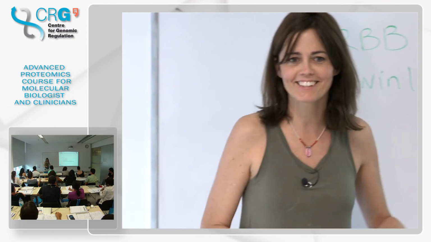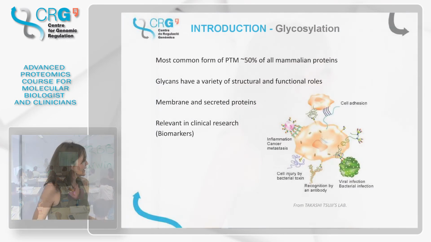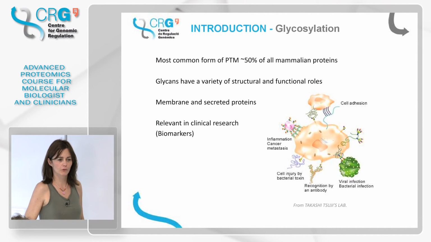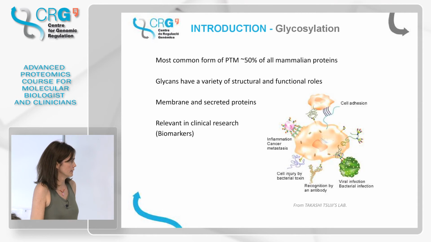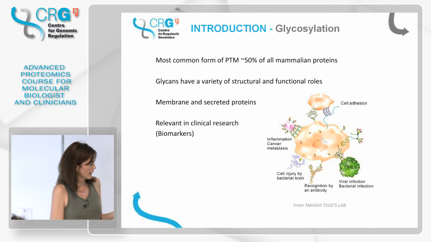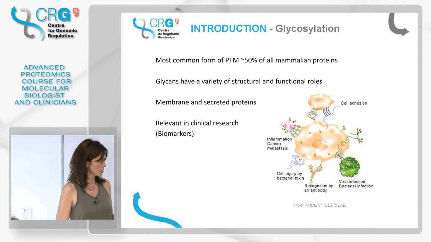Okay, so now we are going to talk a little bit about glycosylation. I don't know if some of you are interested in this. Glycosylation is one of the most common modifications in mammalian cells. They have a lot of different functional roles, like cell adhesion, recognition of antibodies, or viral infection.